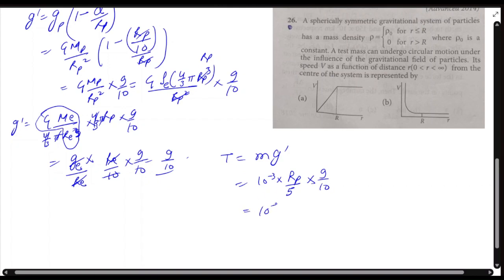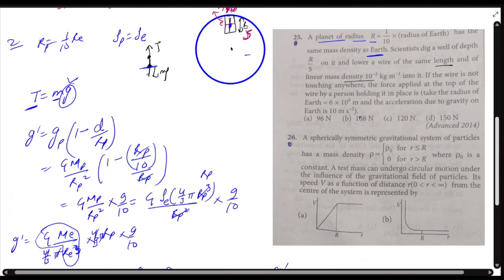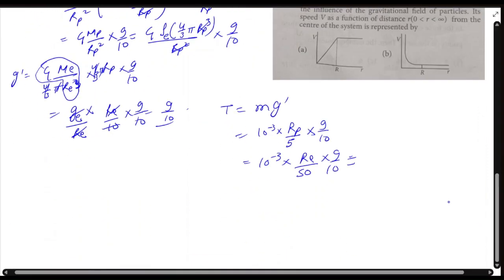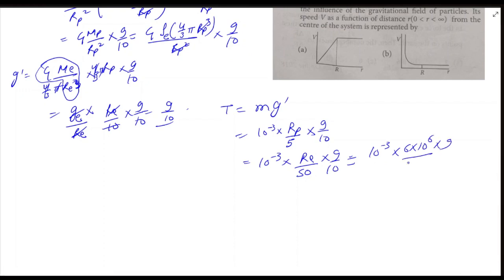Now RP was RE by 10, so this will be 50 into 9 by 10 RE. For RE we have to take 6 into 10 raised to power 6. So this is 10 raised to power minus 3 into 6 into 10 raised to power 6 into 9 by 500. So this will be 1000 and this is 2.